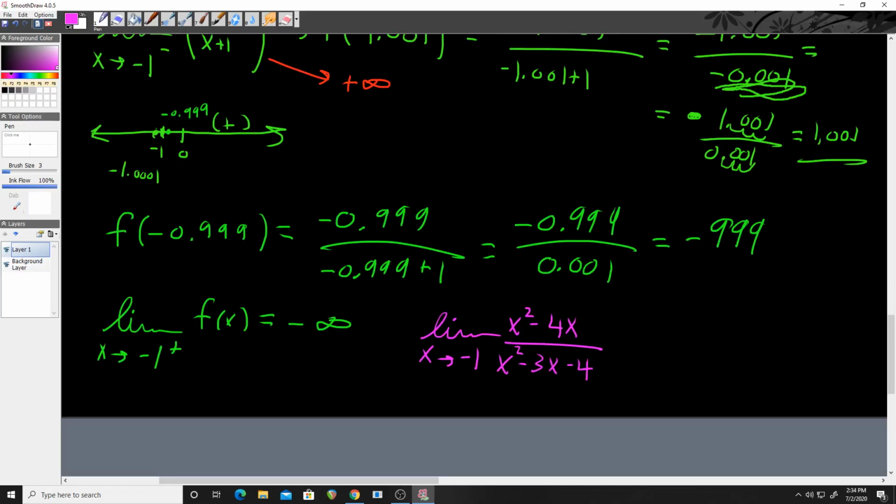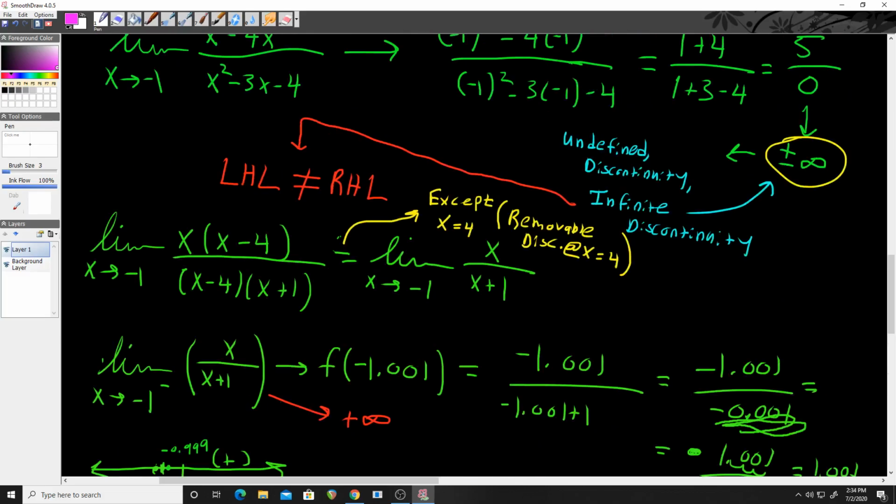We've shown that the left and right hand limits are not the same. So this limit does not exist, right? Positive infinity to the left, negative infinity to the right does not exist.